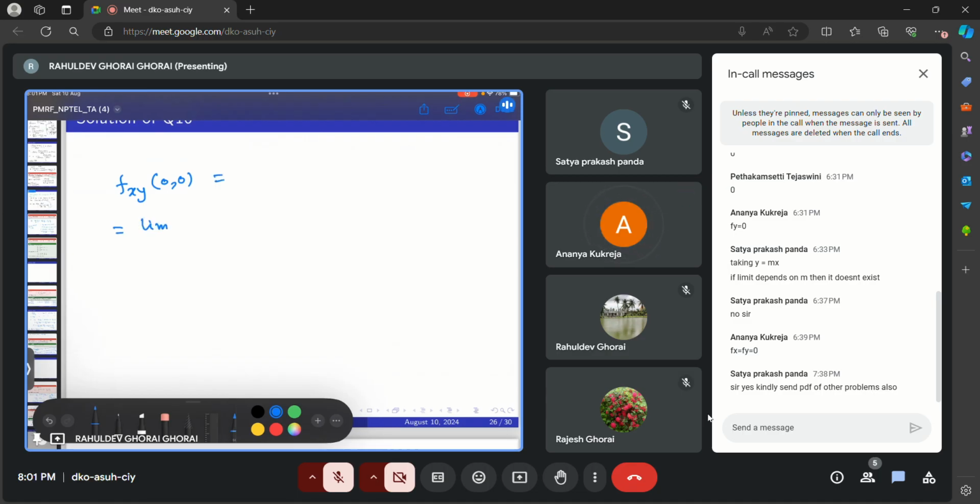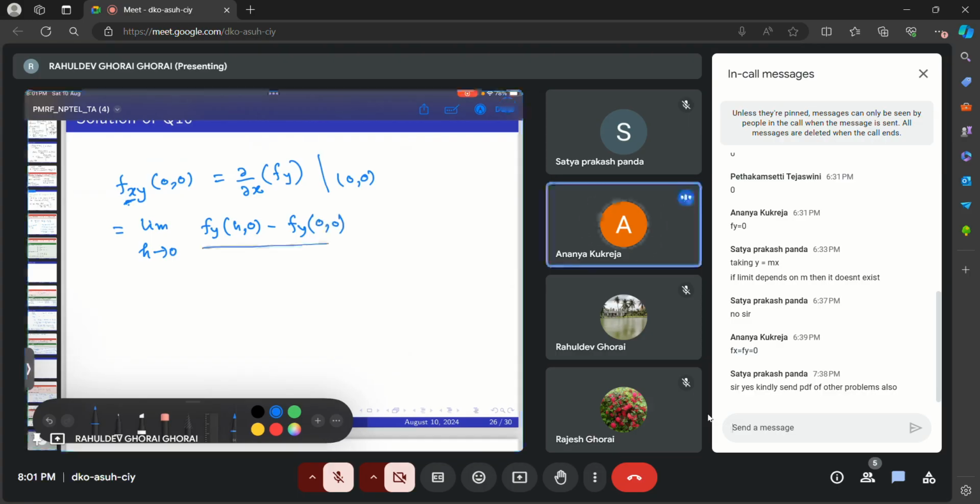So f_xy at (0,0), you can think like this, maybe del x of f_y at (0,0). Then h tends to 0, f_y at (h,0) minus f_y at (0,0), over h. Instead of f it will be f_y, but as x is first, I take h tends to 0 in the x direction.